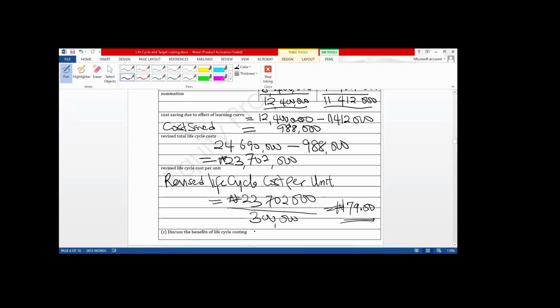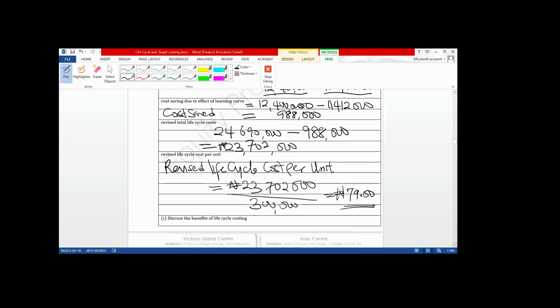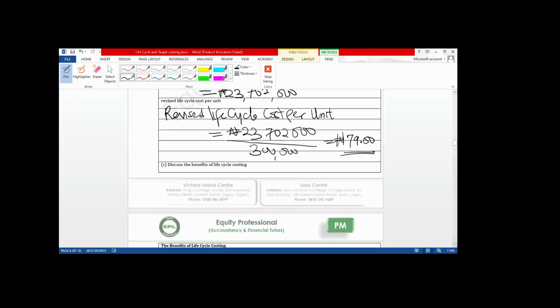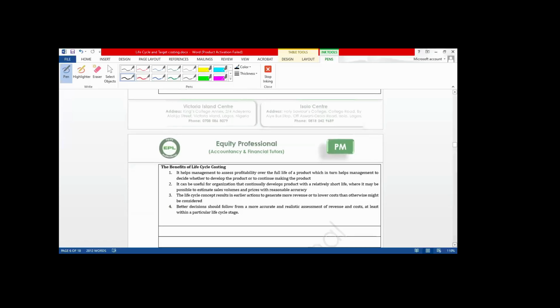Because it encompasses all costs of production in the process of production of the unit. Yeah, that's correct. It covers your cost. Look at your screen.